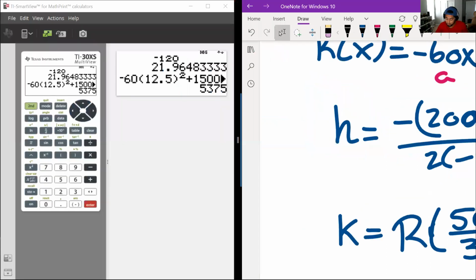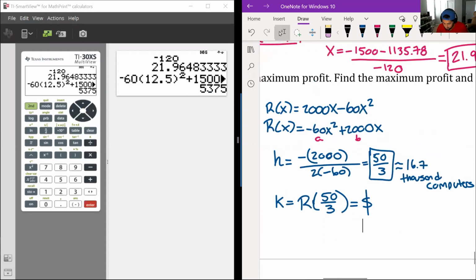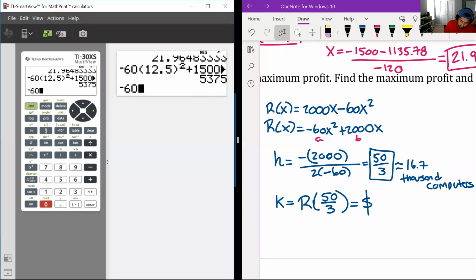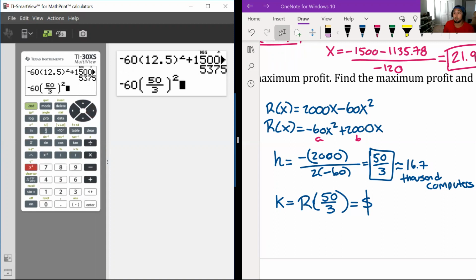Go straight to my calculator. So I should get negative 60 parentheses 50 over 3 squared.